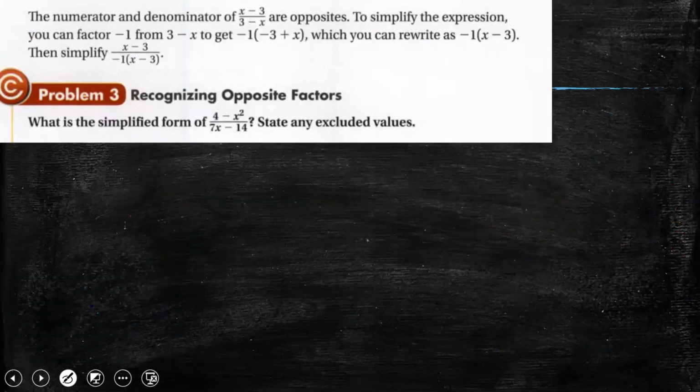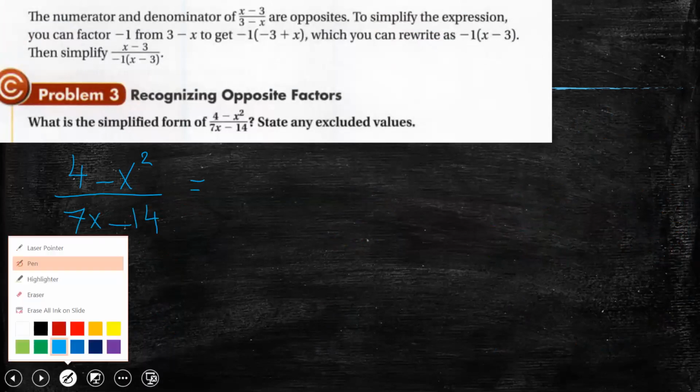Now, what is the simplified form of (4 minus x squared) over (7x minus 14)? Here we have 4 minus x squared over 7x minus 14. Now, look at up here.